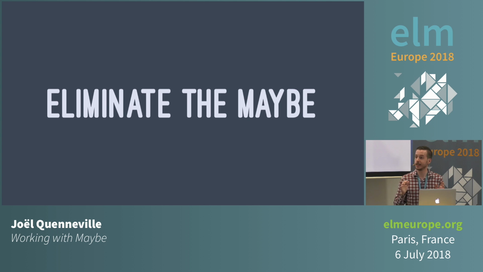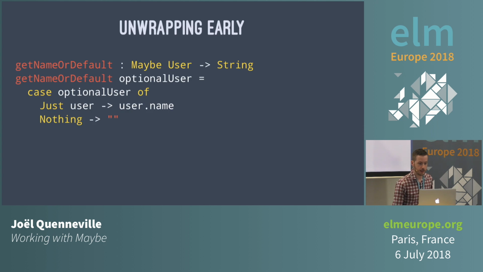So how might we eliminate the maybe? A strategy that might sort of come to mind, or that's maybe the simplest, is to say, let's unwrap it early. Let's say the moment we get a value that is optional, let's do a case statement, either get the value that we want, or because we have to return something in the case of nothing, let's give it some sort of default value.